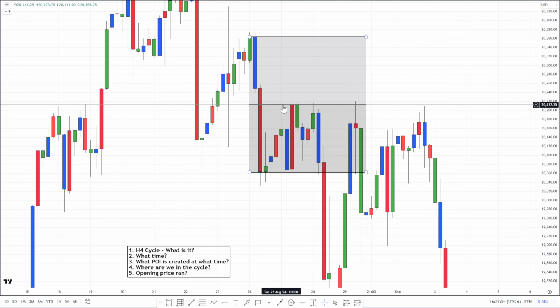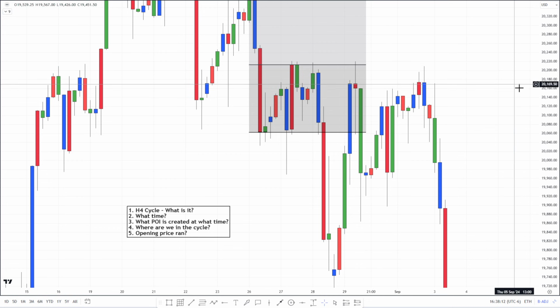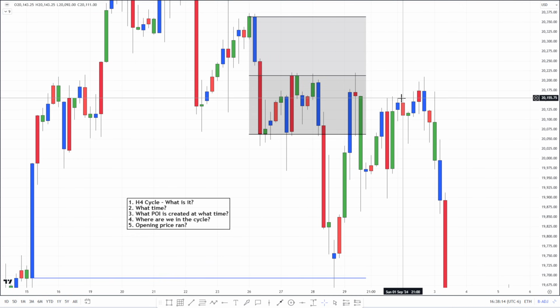And we run the close of this sensitive level, right? This has been rejected, rejected. We're looking for the same sort of price action around this area. And if we don't get it, then it's invalidated if we're going short.